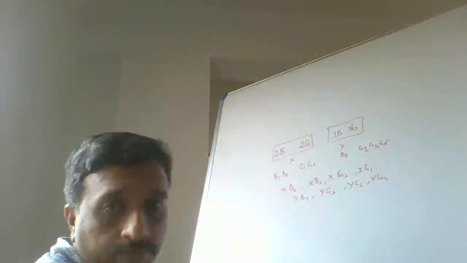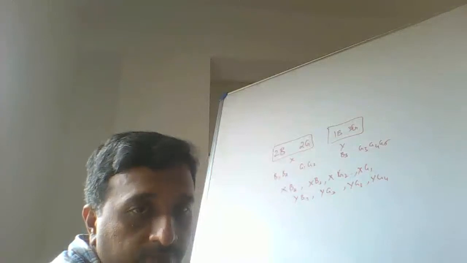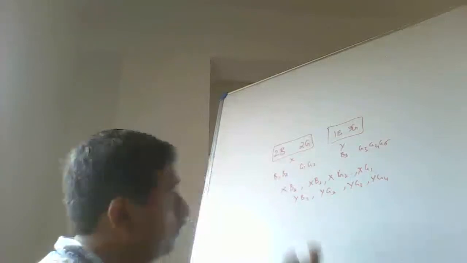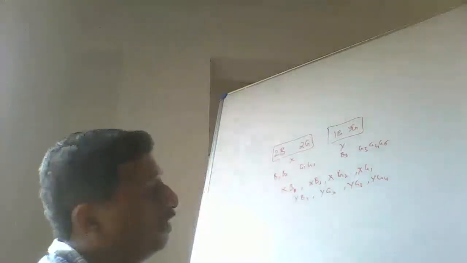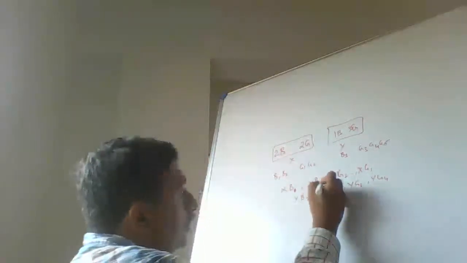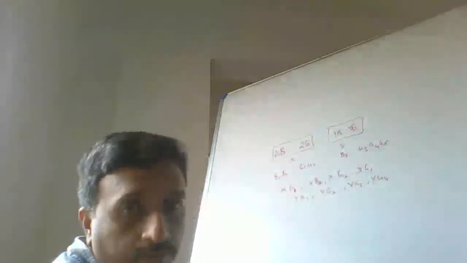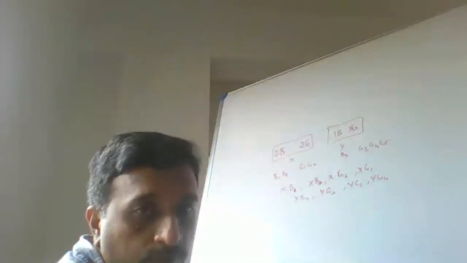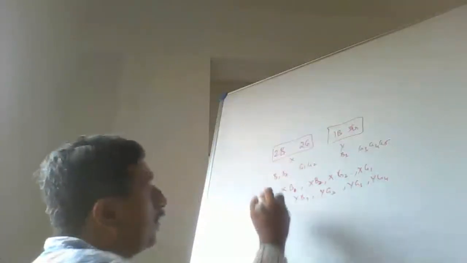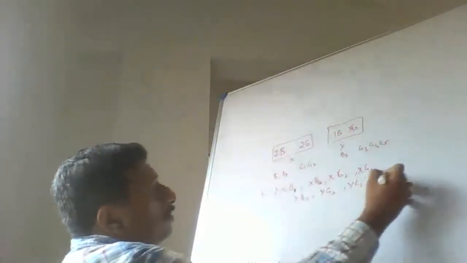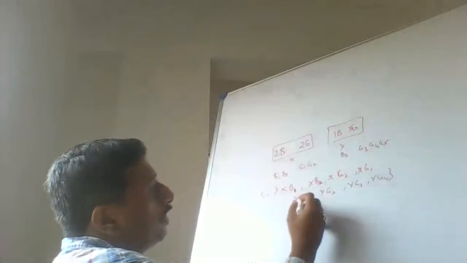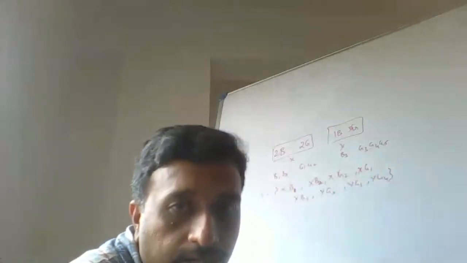Okay, that's done. So we have selected all those. So what is it? 1, 2, 3, 4, 5, 6, 7, 8. So we've got 8 outcomes in the sample space.